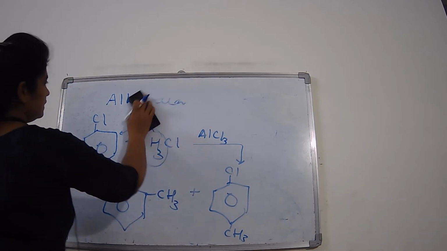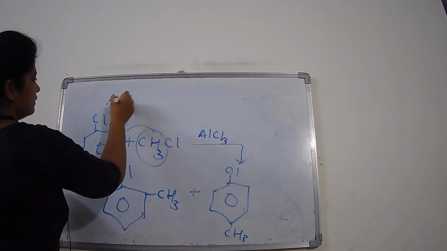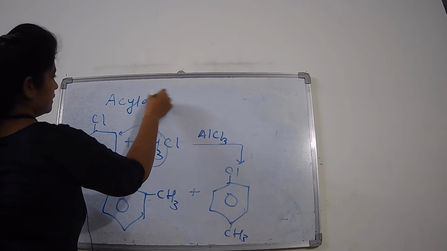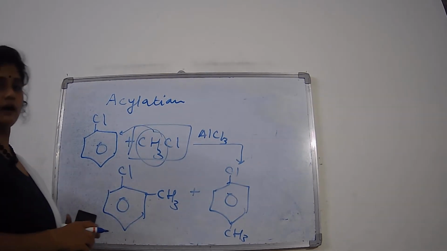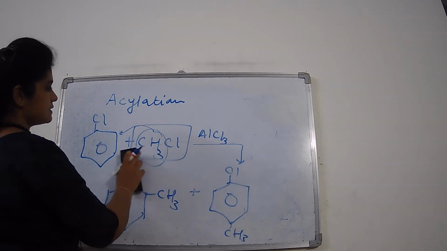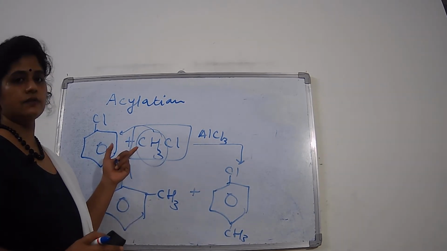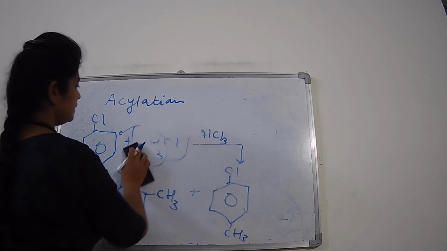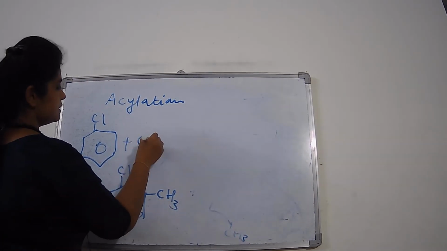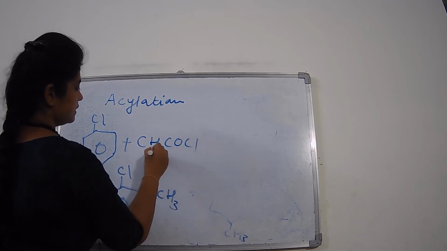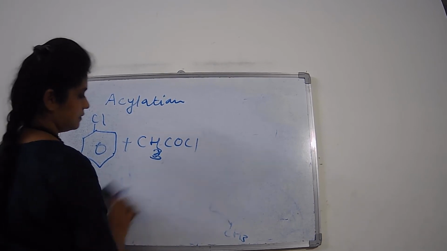And what about the acylation? Whenever Friedel-Crafts alkylation is carried out, we use CH3Cl or RCl, but in the case of acylation we use RCOCl. So we are taking here RCOCl. Suppose we take CH3COCl, that is acetyl chloride.